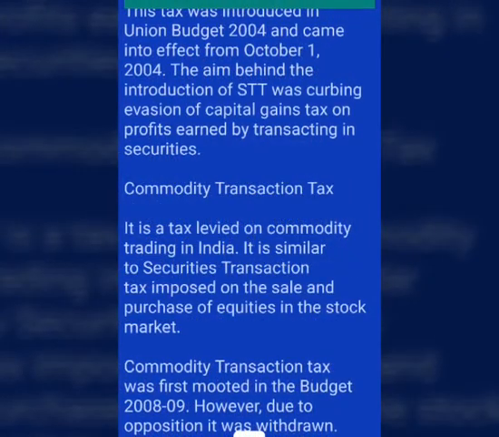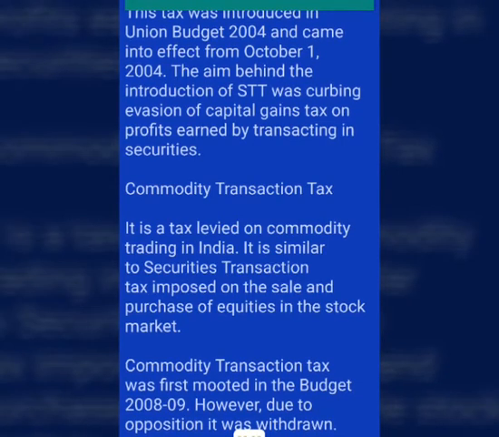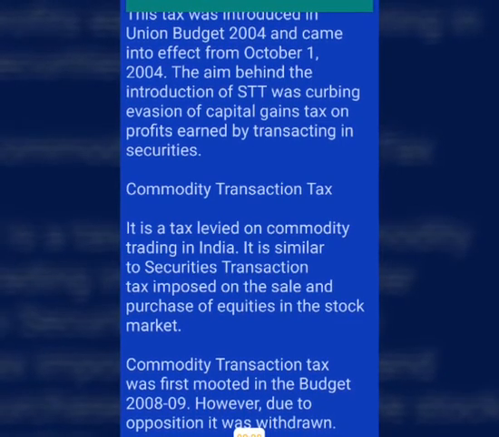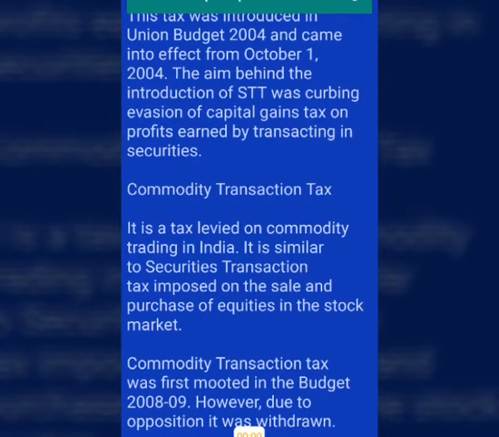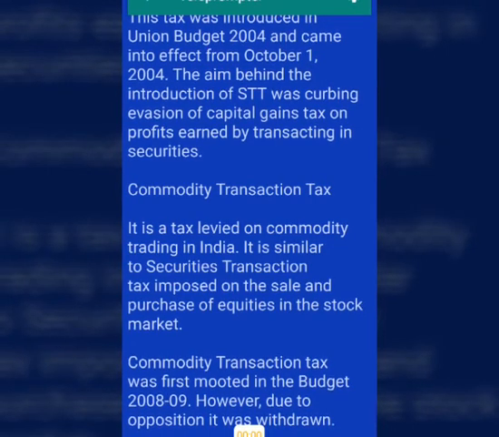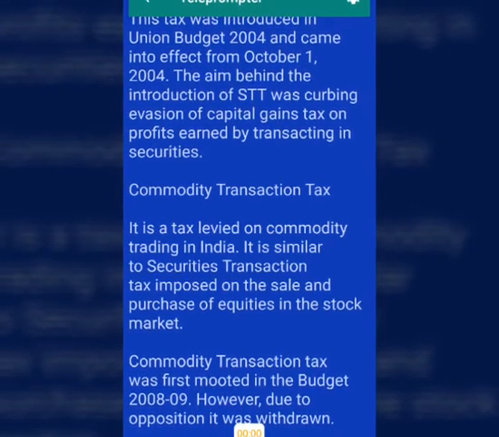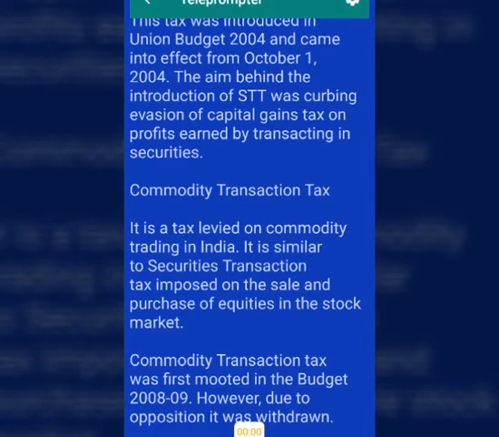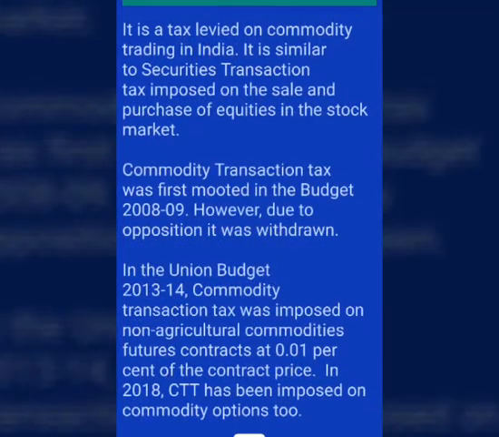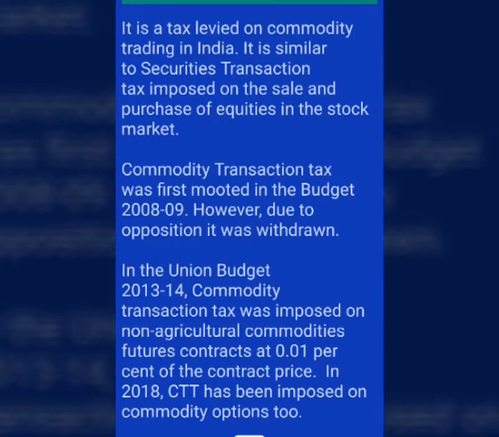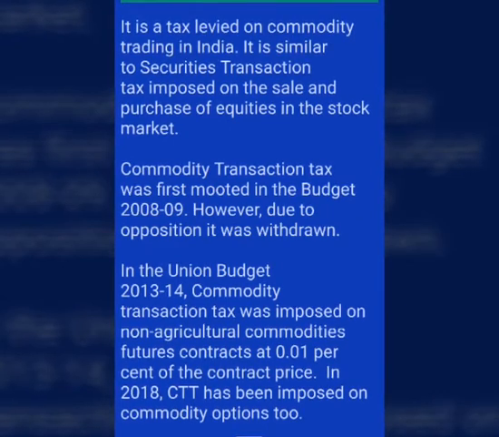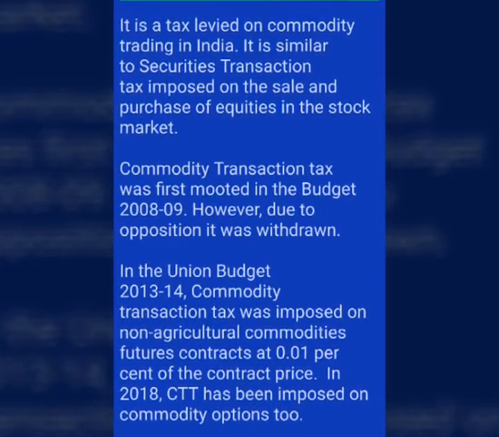After Budget 2020-21, it has been proposed to remove the DDT on dividends paid by the companies. The dividend shall be taxed only in the hands of the recipients at their applicable rate. Further, all kinds of dividend income, i.e., dividend income received from mutual funds and shares, will now be taxable in the hands of taxpayers.